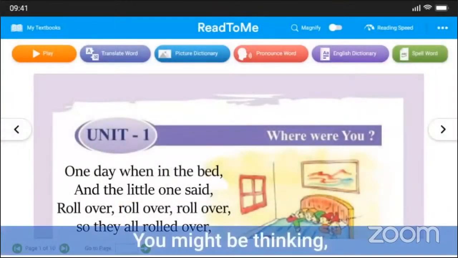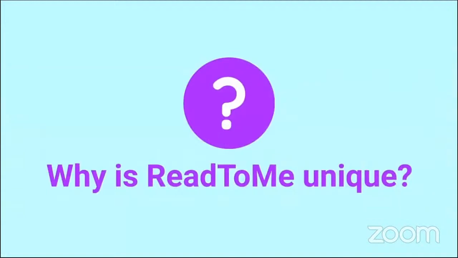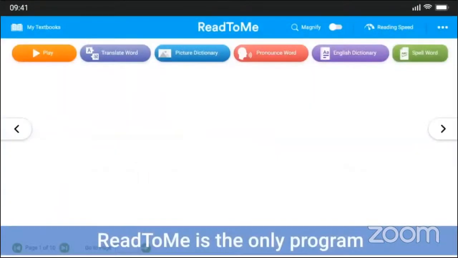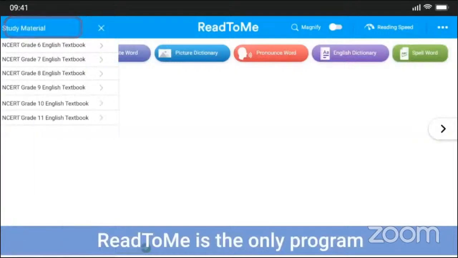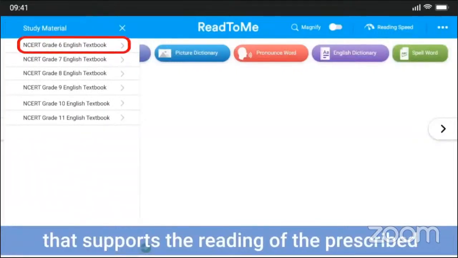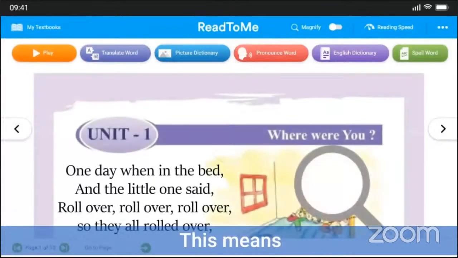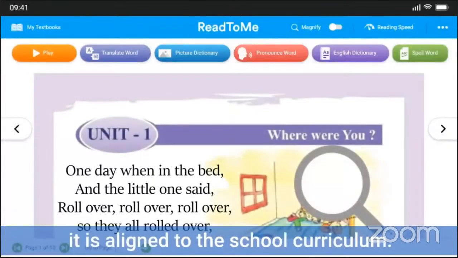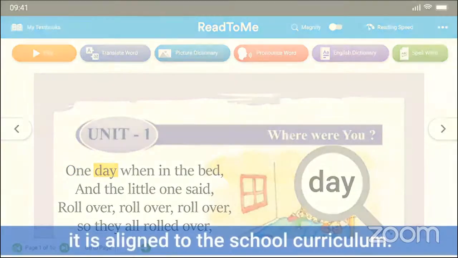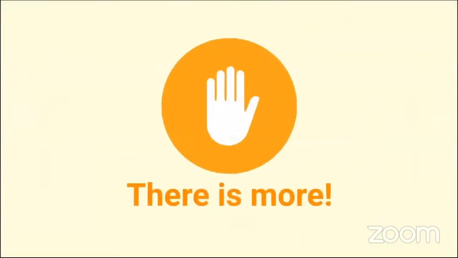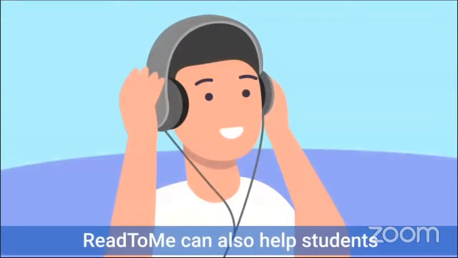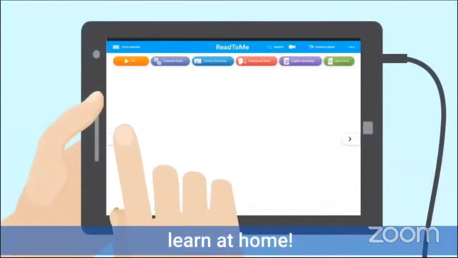You might be thinking, why is ReadToMe unique? ReadToMe is the only program that supports the reading of the prescribed English textbooks. This means it is aligned to the school curriculum. And wait, there is more. ReadToMe can also help students learn at home.